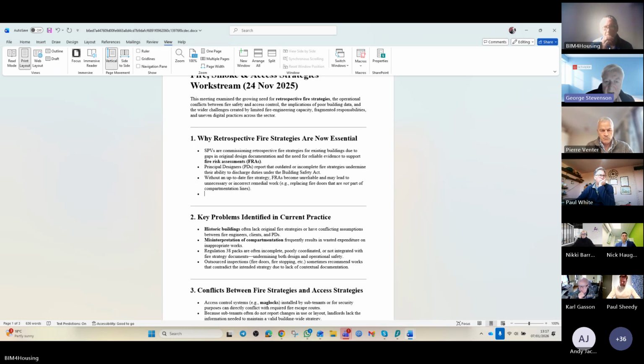I should just qualify the reason that term SPV is there for people that don't recognise it. This was initially initiated by Matt Wilkie, who's leading the PFI group within Building Asset Management. And in the PFI world, what Andy's just said there happens all the time, because the NHS Trust or whatever, they're often changing the way spaces are being used, and that information isn't fed back to anybody.